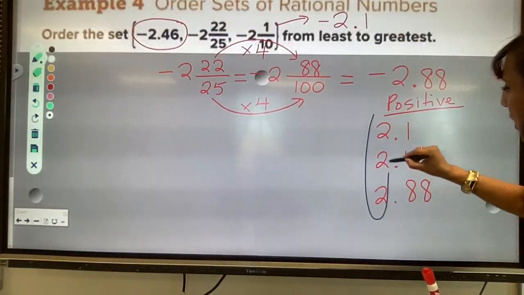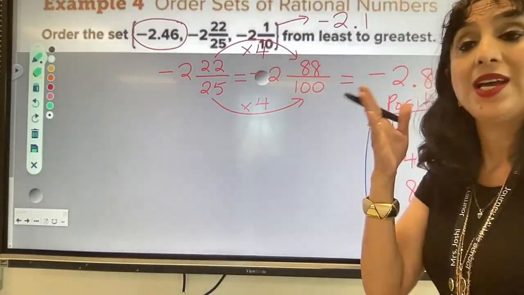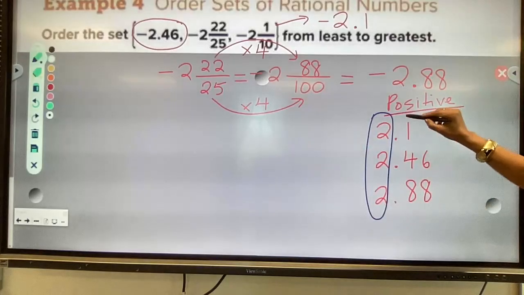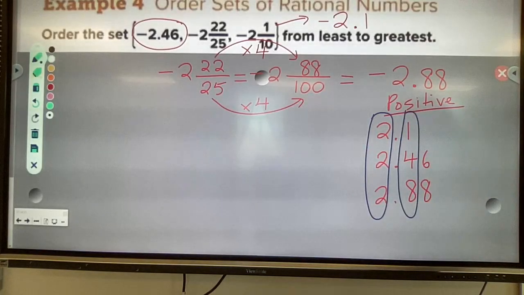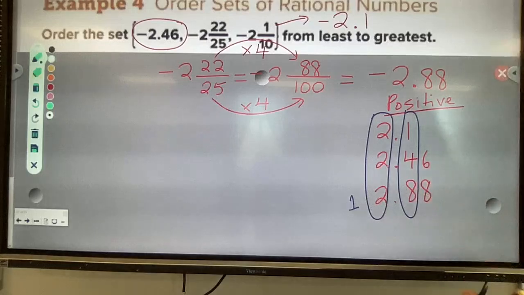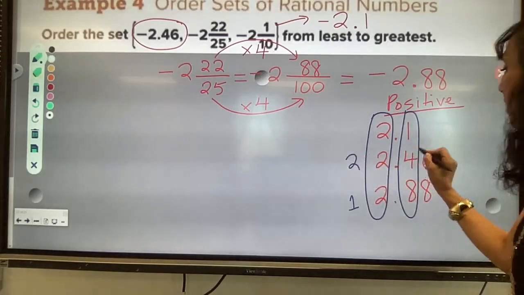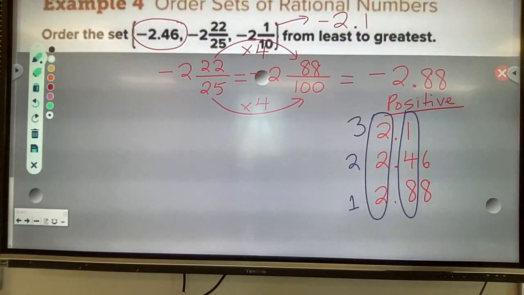Is there anything which is different? No. So then we go to the next column. We look to the next place value. Which one is the greatest here? This one would be the first, that is the largest. This would be the second, and then this would be the third. Now this is with positive integers.